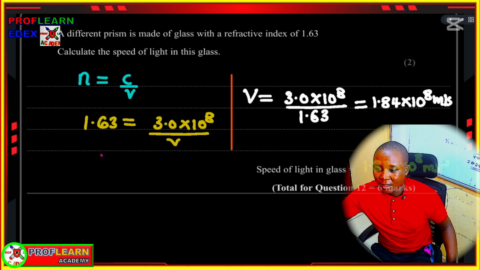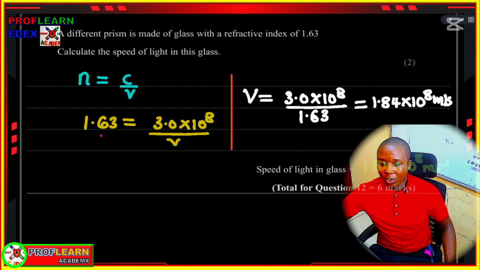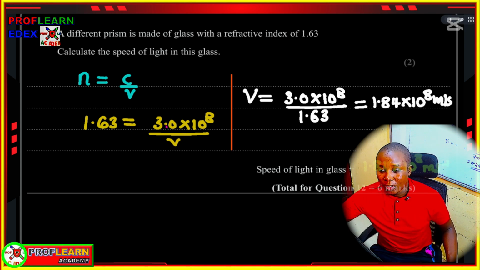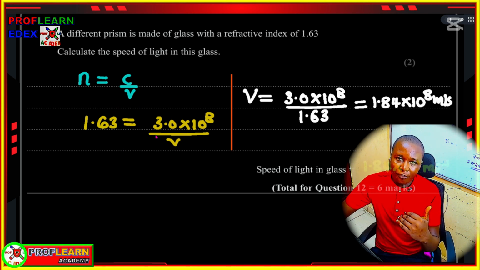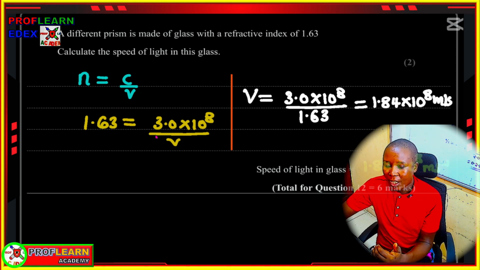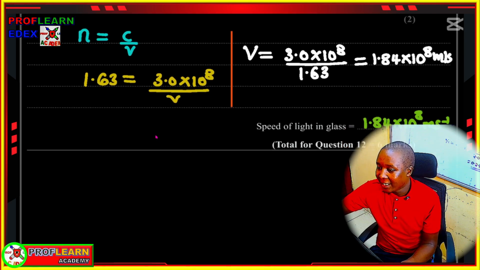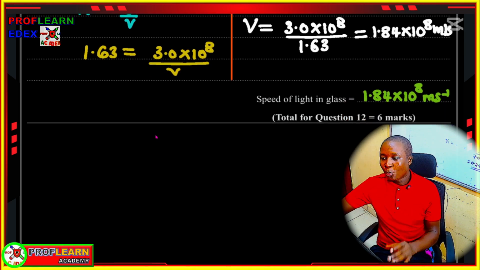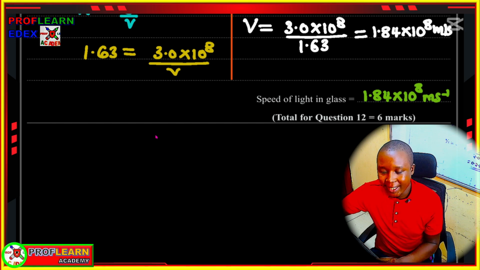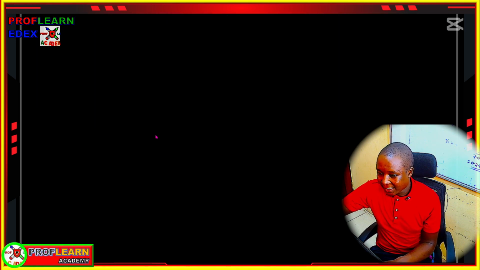So the speed of light in a vacuum is c. We are going to say 1.63 is equal to 3.0 times 10 to the power 8 over the speed of light in that piece of glass. If we rearrange this and put it in our calculator, we are going to get our answer: 1.84 times 10 to the power 8 meters per second.